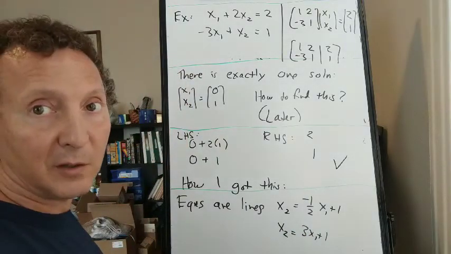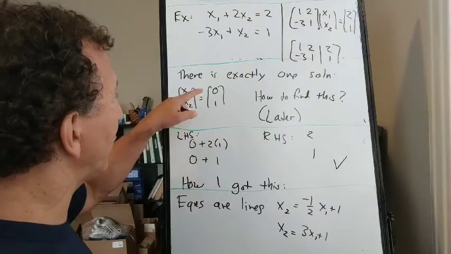And if you graph these, you'll see that there's one point of intersection, and it's precisely the point 0, 1.